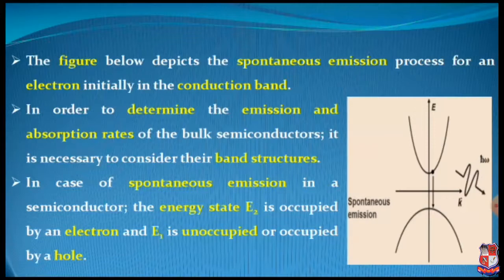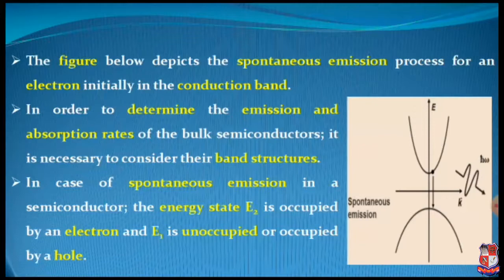In order to determine the emission and absorption rate of bulk semiconductors, till now we have considered the absorption and emission mechanisms that take place inside the semiconductor. Now suppose I have a semiconductor material like silicon or germanium, how can I identify that this material is emitting electrons at this particular rate, or absorbing electrons at this particular rate?